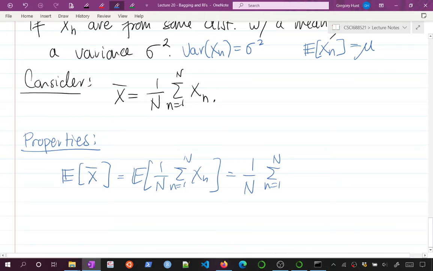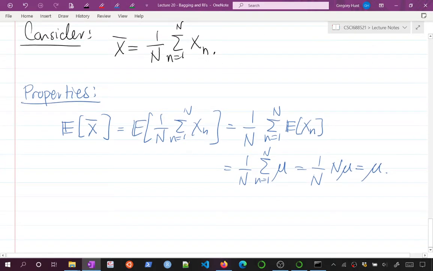So I can push it through sums and multiplicative constants. And so I get 1 over n times the sum of expected values. All of my expected values are mu, so this is just 1 over n times n mu, which is mu.